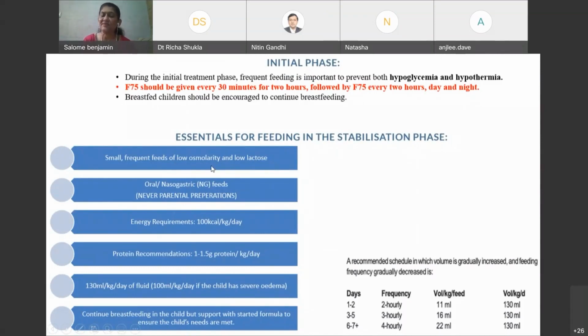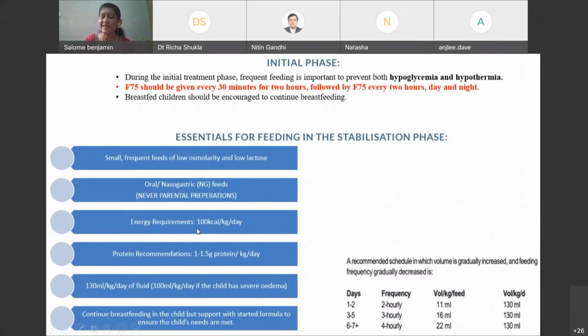So it should be very minimum osmolarity. Never give parenteral preparations. We are also scared to give IV antibiotics and IV fluids to these children, because they don't have good vessels. They are all collapsed because of the dehydration and severe acute malnutrition. So you have to be very careful. Parenteral preparations are no for severe acute malnutrition.